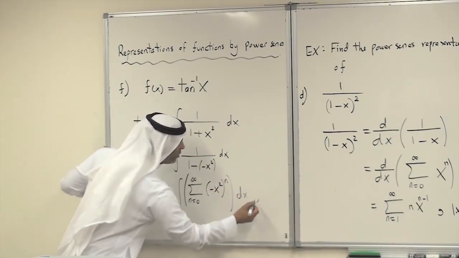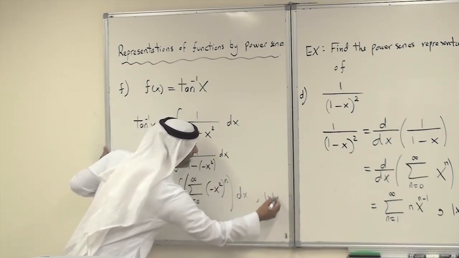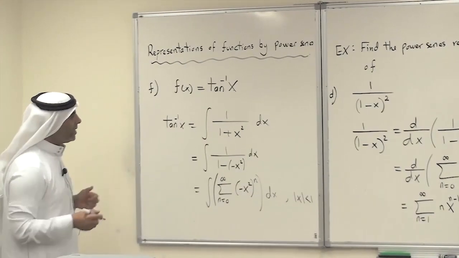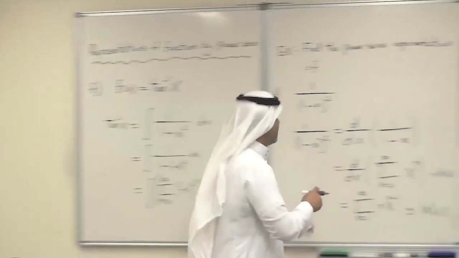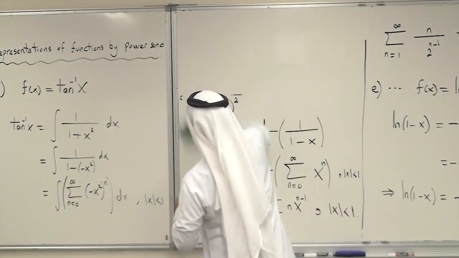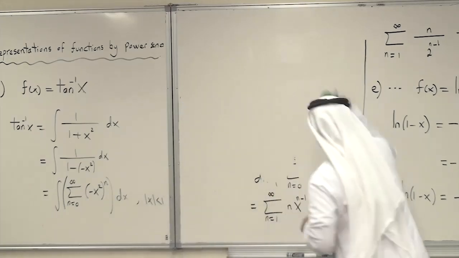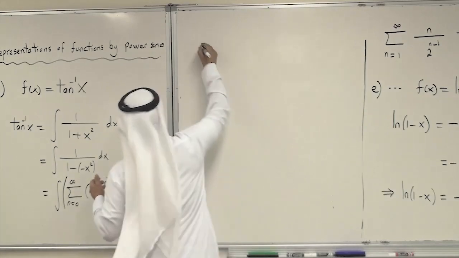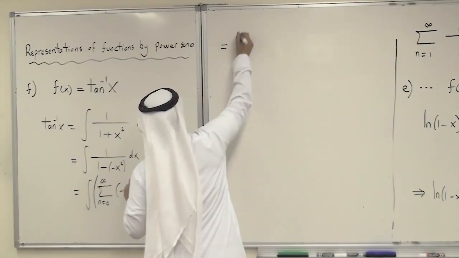I'm sure that this is true if the absolute value of x is less than 1, that is, the absolute value of x squared is less than 1. So let us simplify, then integrate the result. Simplifying and integrating will lead us to the following.